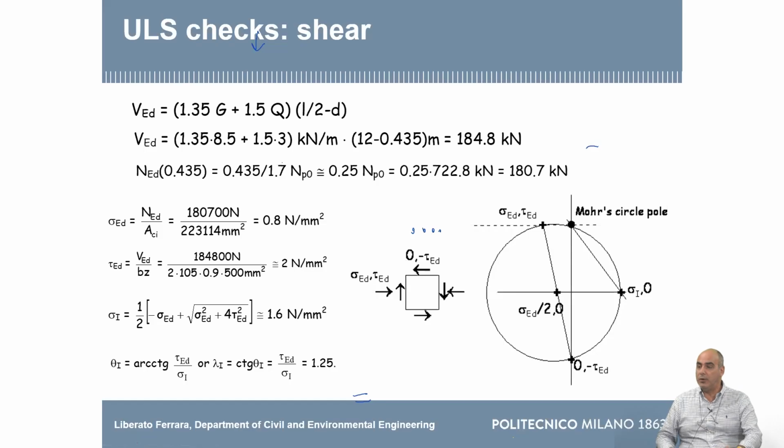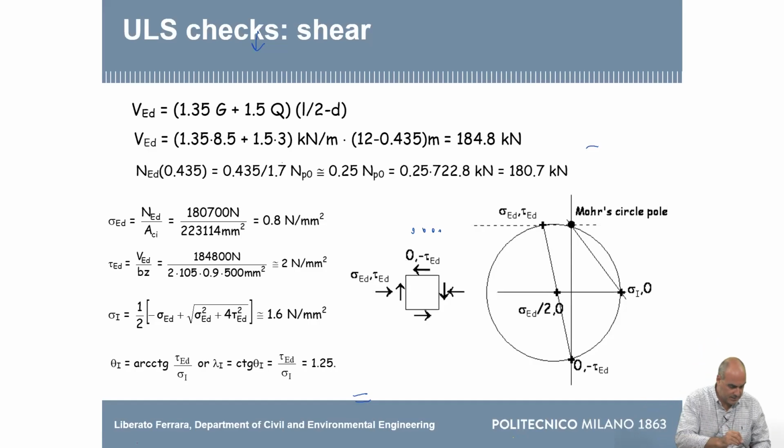So I am not calculating at the support axis, I'm staying a little bit inside. Well, this is because since the shear model works like a truss, the reaction from the support goes inside with a truss inclined at 45 degrees. So the critical region is at half of this strut.